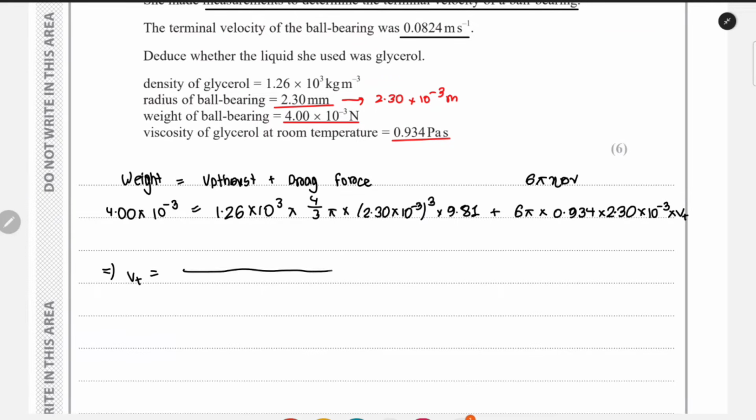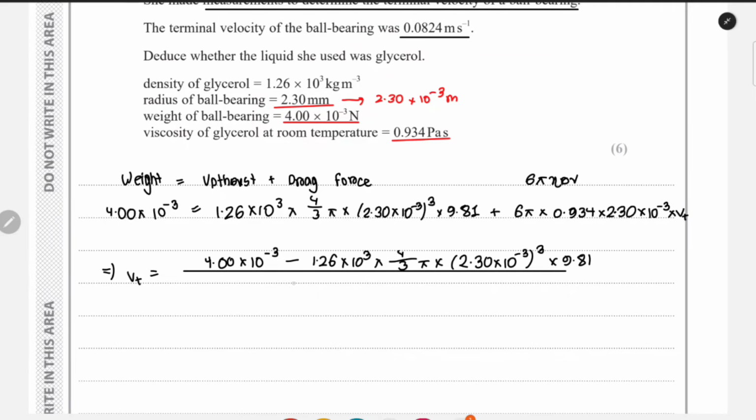Vt will be 4 × 10^-3 minus 1.26 × 10^3 × 4/3 π × (2.30 × 10^-3)³ × 9.81, divided by 6π × 0.934 × 2.30 × 10^-3.